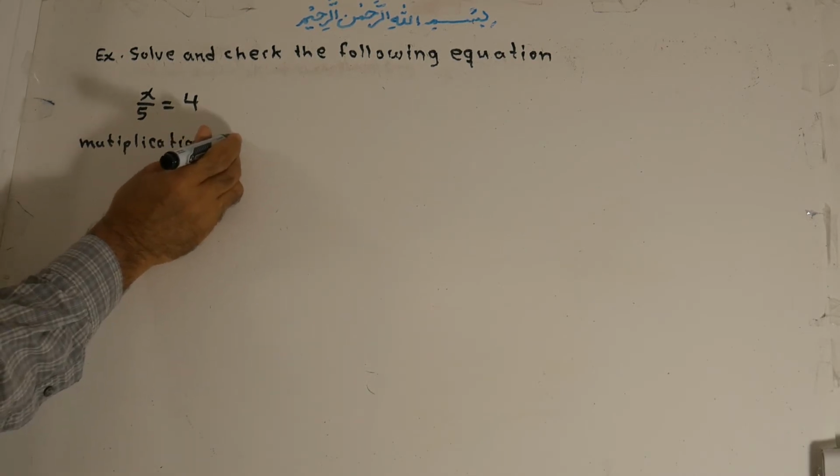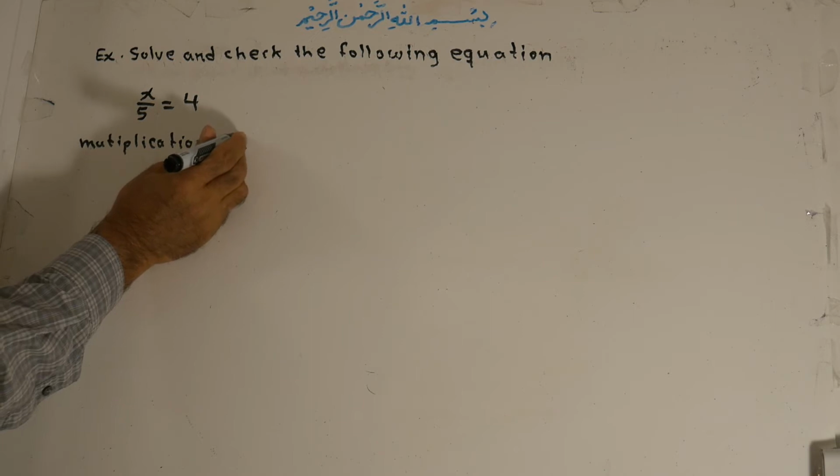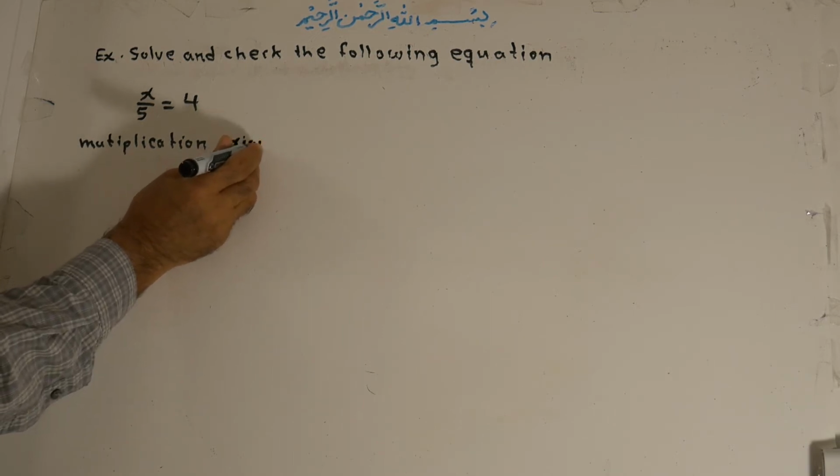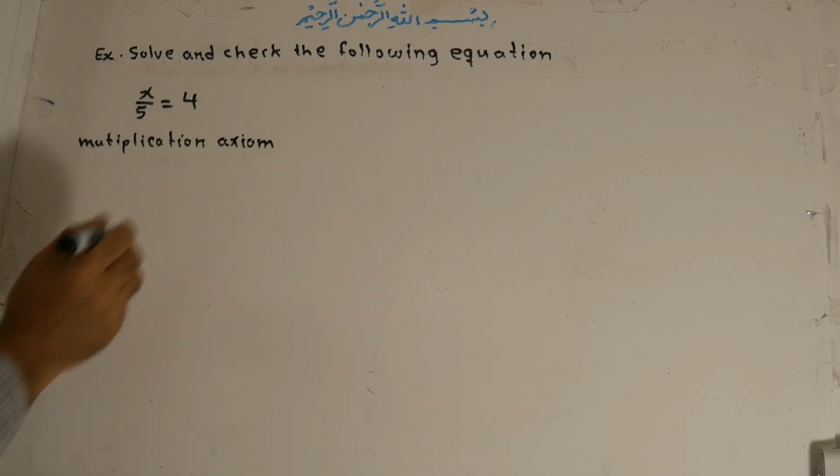According to the multiplication axiom, we can multiply both sides of the equation by the same number.